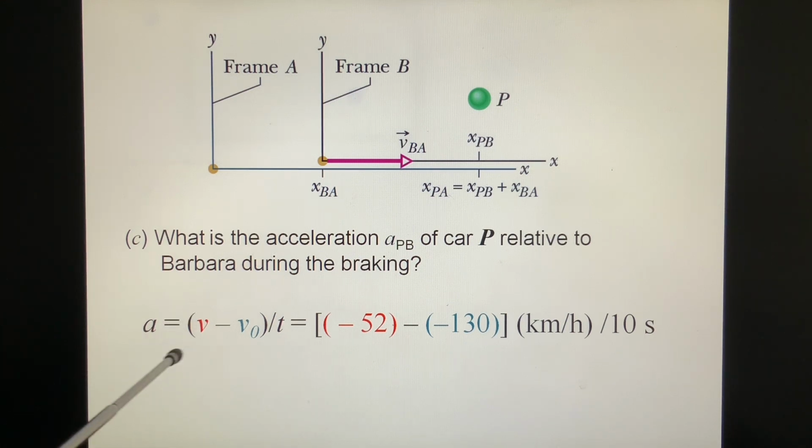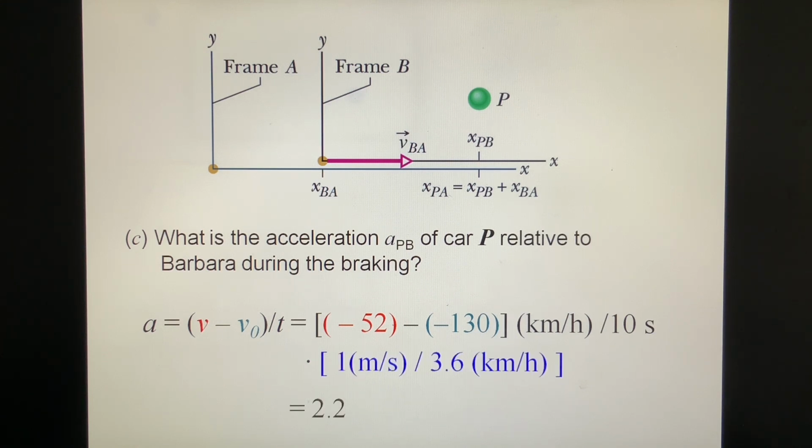So this one, v equals minus 52, and the initial speed, as we calculated, is minus 130. Divided by time, we get a equal to 2.2 meters per second squared. That means if you measure the acceleration in different inertial frames, you get the same answer.